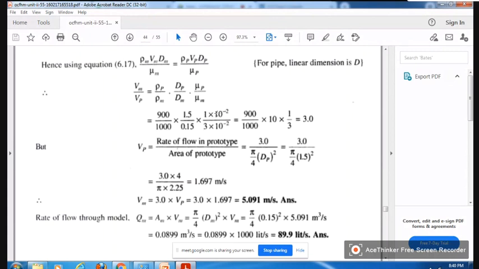Viscosity of the model at 20 degrees centigrade is 10 to the power of minus 2, and the prototype is 3 into 10 to the power of minus 2. Okay, so this is 3.